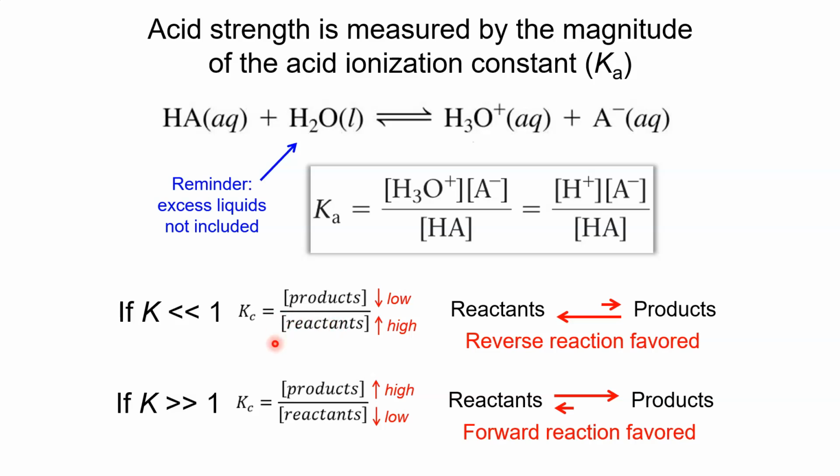So if the denominator is large and the numerator is small, you get a small number. And that is true when you have a weak acid. When you have the large number on the numerator, then you favor the products, and that is true for strong acids.